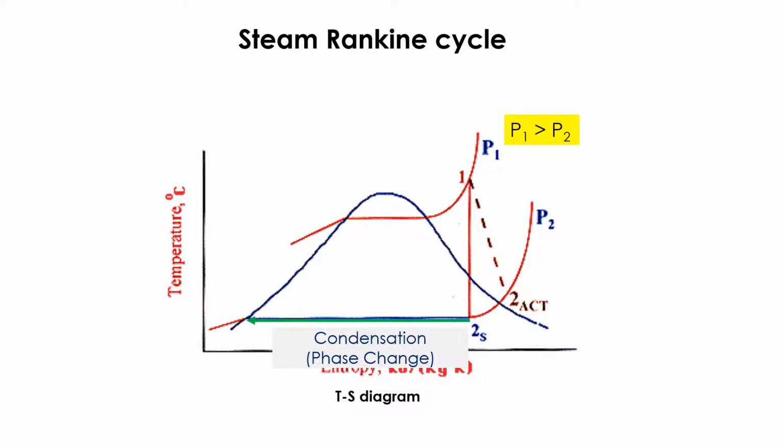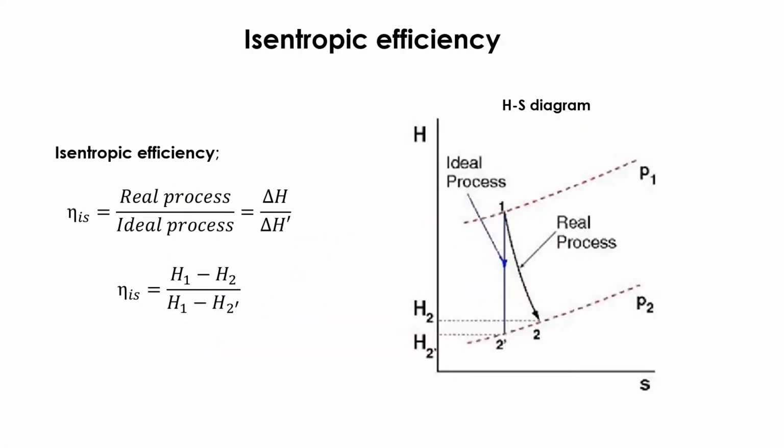The most important step in the cycle which happens in the steam turbine is step number 3 here, where we reduce the pressure isentropically from P1 to P2. So next we will discuss isentropic change. What is isentropic change?